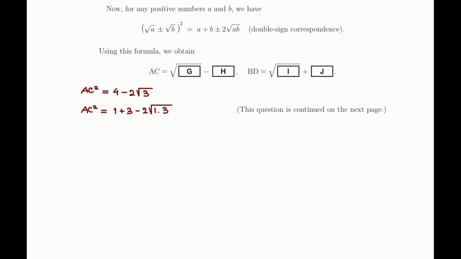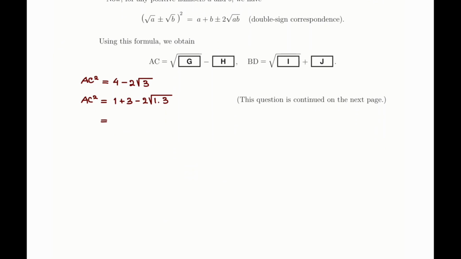You can see this form is already equal to this form: 1 plus 3 plus minus, in this case I use the minus sign, 2 square root of 1 times 3. So I can write this as square root of a plus minus square root of b, squared. I will use the negative sign because my sign here is negative. So I will get square root of 1 minus square root of 3, squared.